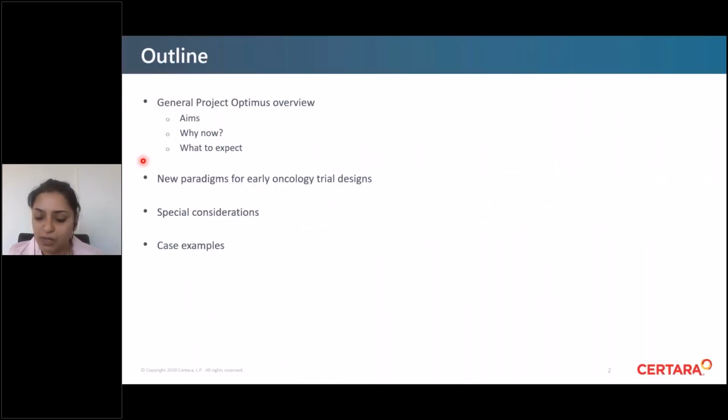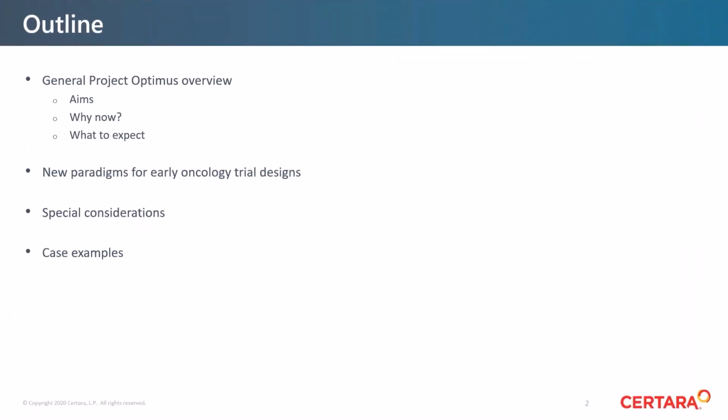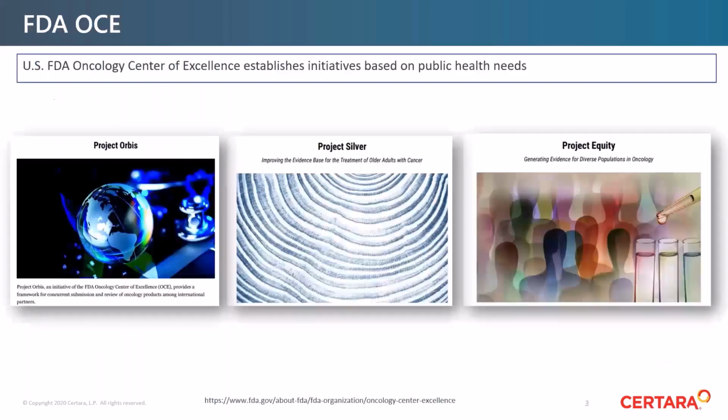We've organized this webinar such that I will walk you through a general overview of Project Optimus, what the rationale behind its origin is, what the FDA's recommendations and expectations under Project Optimus are, and more importantly, what is required of drug developers in terms of planning for changes to early oncology development programs. Dr. Mano will then take you through some special considerations of high interest, such as combination development, rare indications and such situations, as well as some interesting case studies demonstrating the application of Project Optimus.